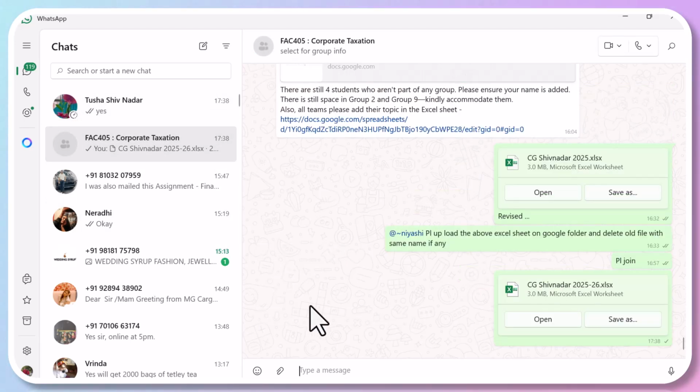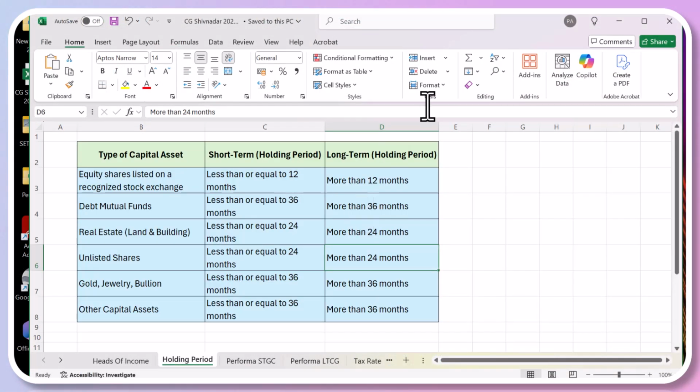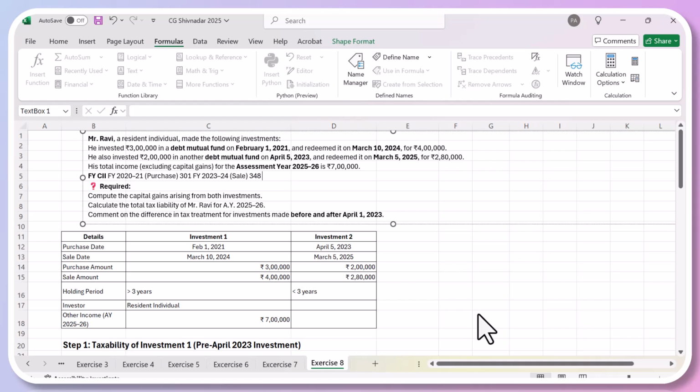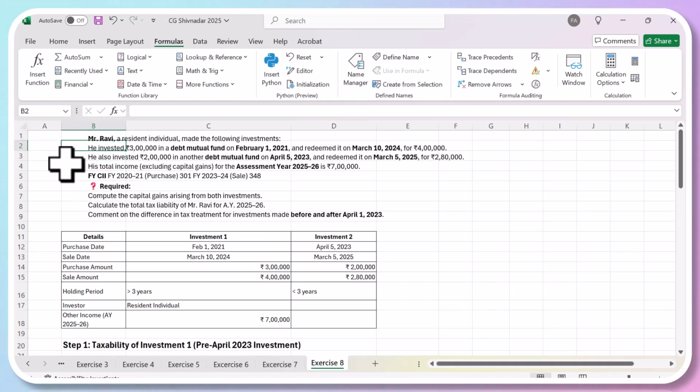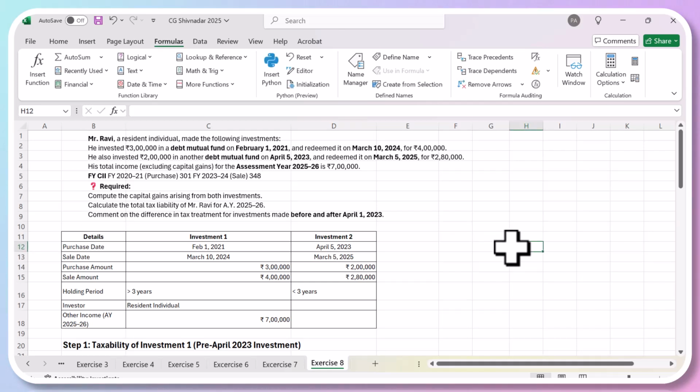So have you got the file? It's fine. Can you see this, Pranav? Can you read, Pranav, the exercise number 8? Srishti, who is going to read?